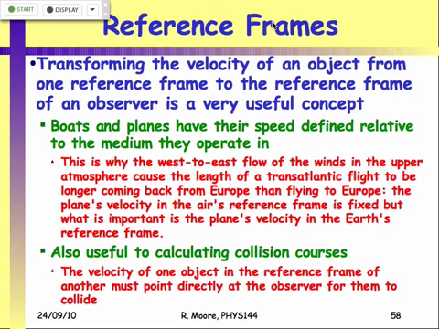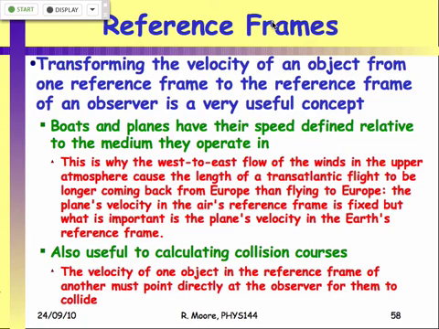Of course, what matters for the length of your trip is how fast you're moving relative to the ground, not relative to the air. So if you're moving with the airstream, you move faster relative to the ground, and if you move against the airstream, you move slower relative to the ground. So that's where you have to either add or subtract the velocity of the air, and the same thing goes for boats.